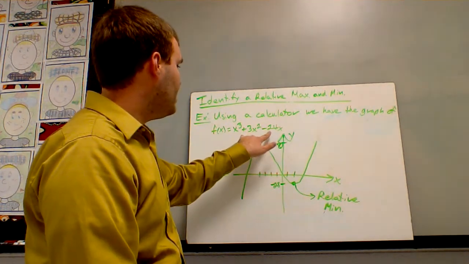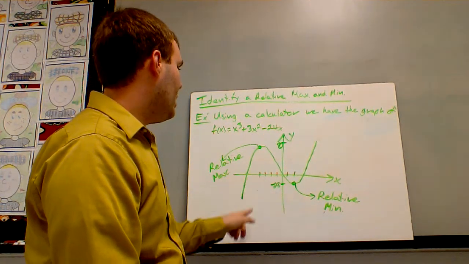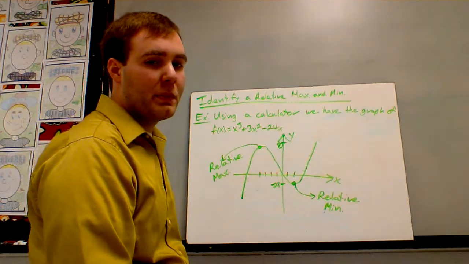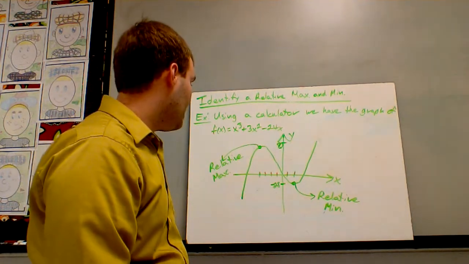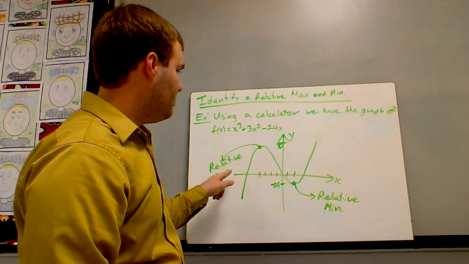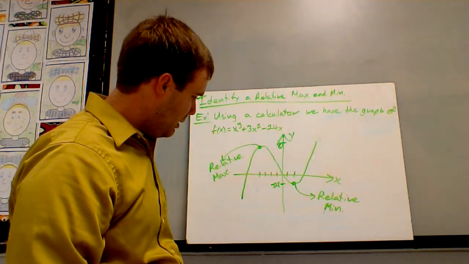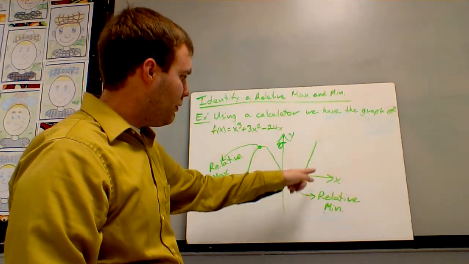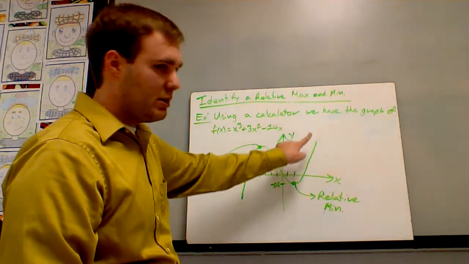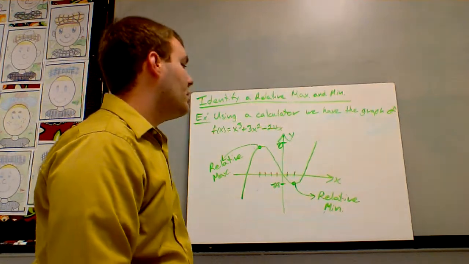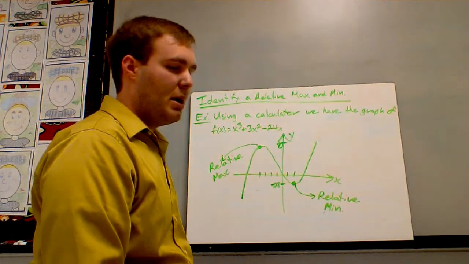So if I were to plug this equation into a calculator, I'm going to get this graph. When I get this graph, I just need to look at it. If I keep plugging in values this way, this graph's going to keep going down, down, down. If I keep plugging in positive values of x, it is going to go up and up and up. The points I care about are my max and my min.